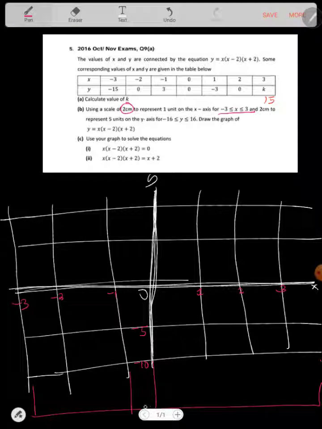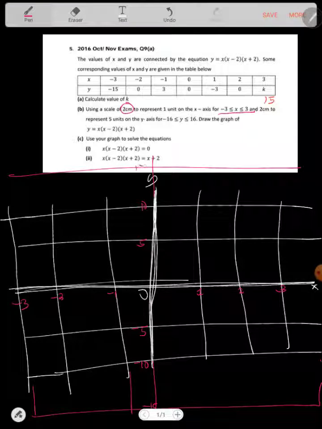So here we are going to have -15 because it's ending on -15. Then there on top we are going to have 5, 10, up to 15. So this is how your graph should be. That means you've followed the range. Do not go out of the range. Stick to the range that you've been given.